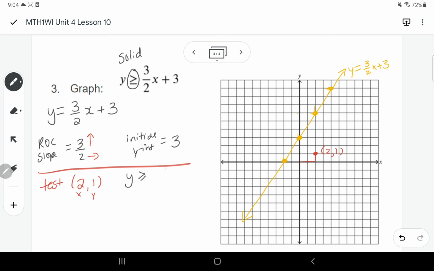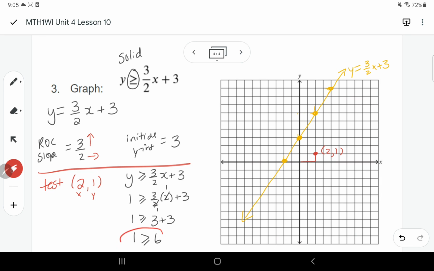So y is greater than or equal to 3 over 2x plus 3. So y is 1, and that's greater than or equal to 3 over 2 times 2 plus 3. So 3 over 2 times 2, those 2's would reduce and just be 3, plus 3. 1 is greater than or equal to 6.